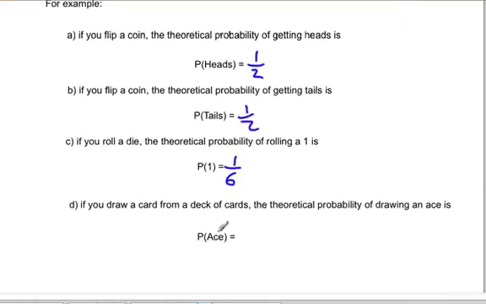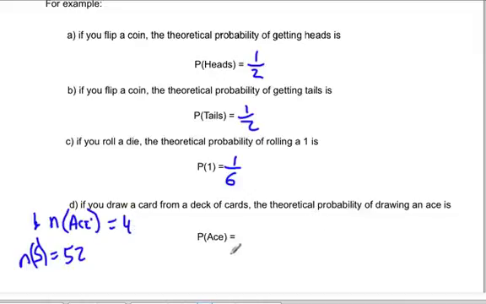And if you draw a card from a deck of cards, the theoretical probability of drawing an ace. Now, in a deck of cards, there are 52 cards, so that's our total sample space. And the number of aces in a standard deck of cards is 4. There's 1 for each suit. So the probability of drawing an ace will be 4 over 52, which is equal to 1 over 13.